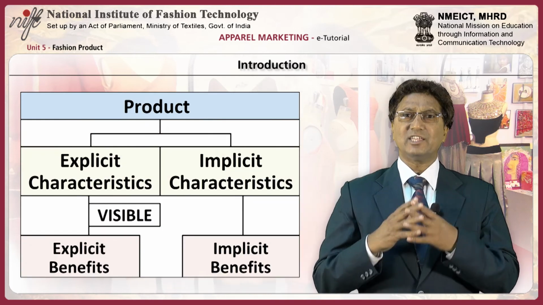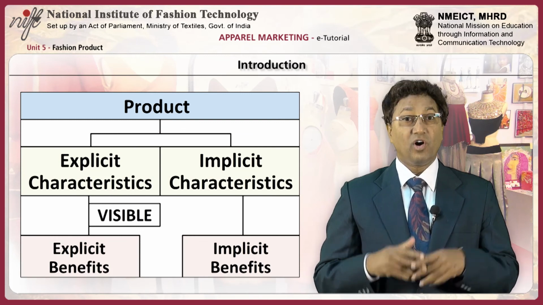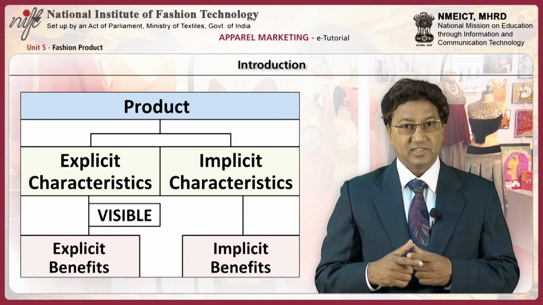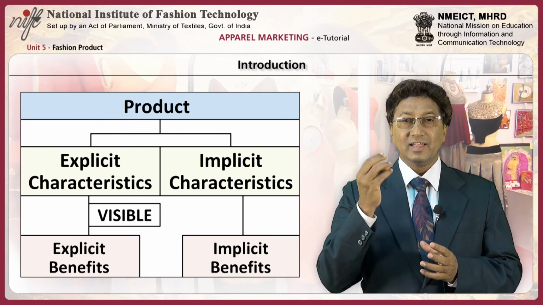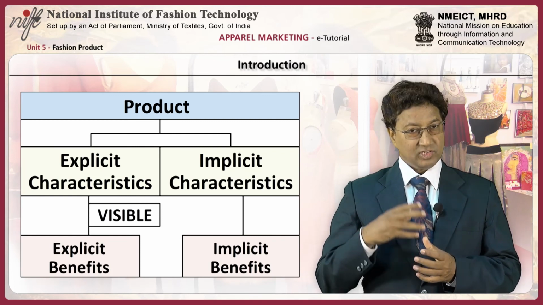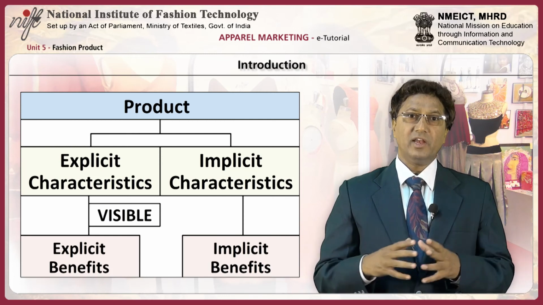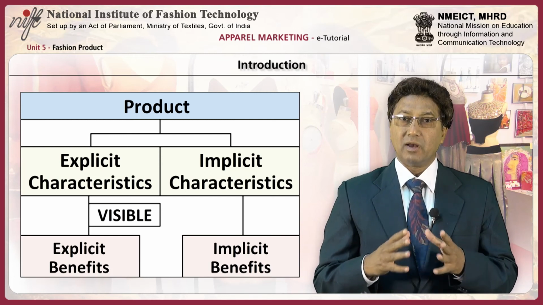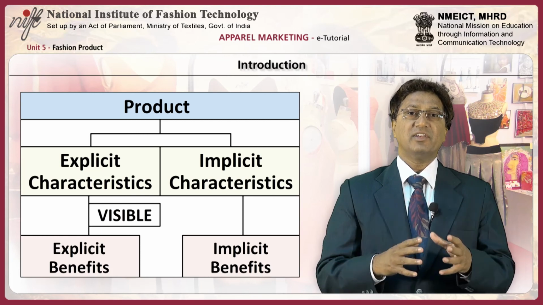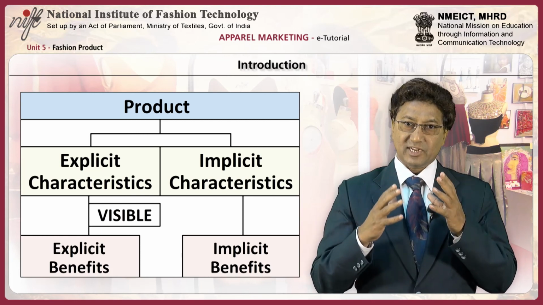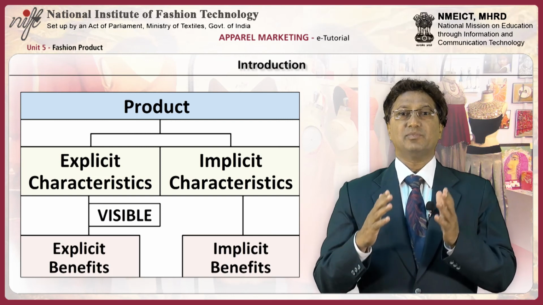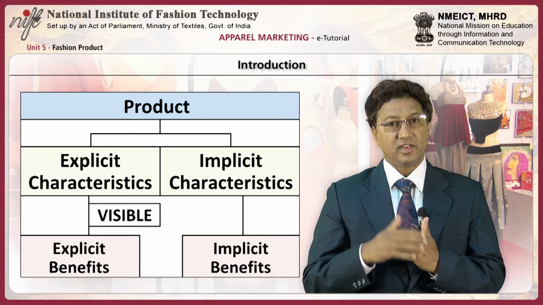The product's explicit characteristics are visible since they are representative of physical elements, consequently providing a conventional albeit imperfect definition of product. We can substantiate this explanation still further.